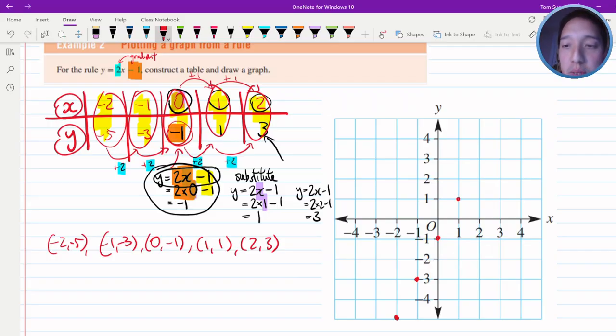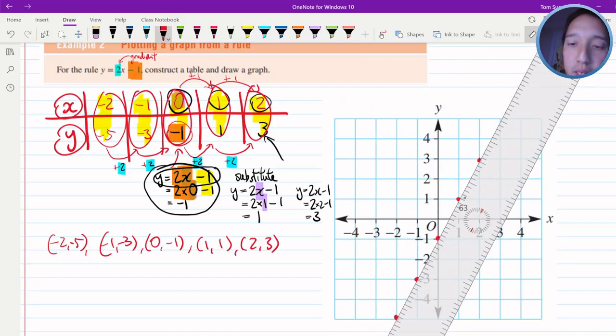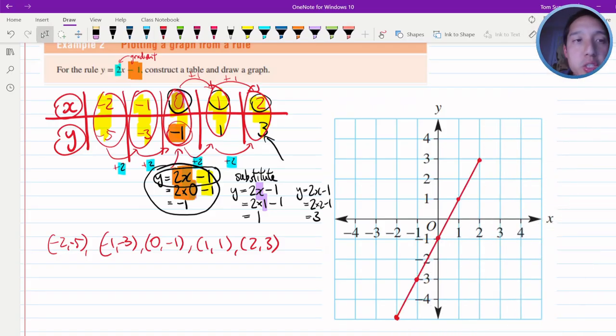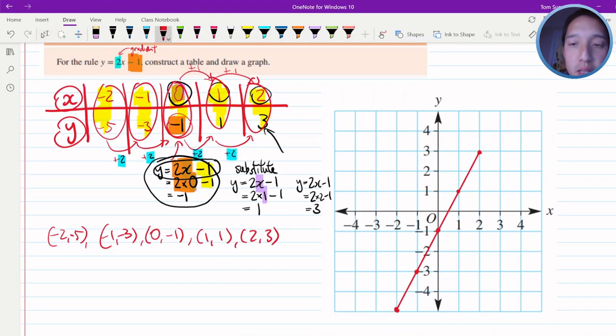And finally, 2, 3 will be here. I hope you've noticed this creates a straight line if I've done everything correctly. And you can draw that as well. That's our straight line. So this is what we call a linear graph because it creates a line.